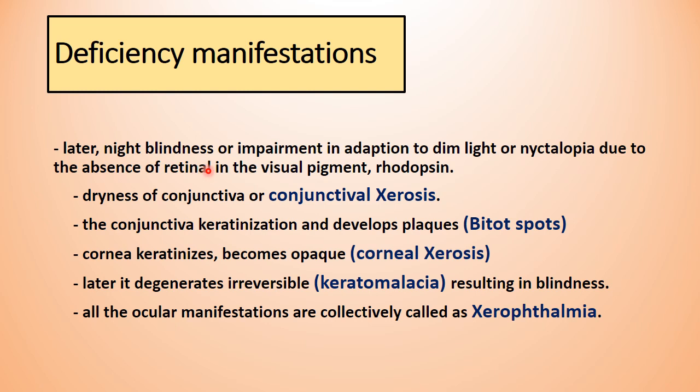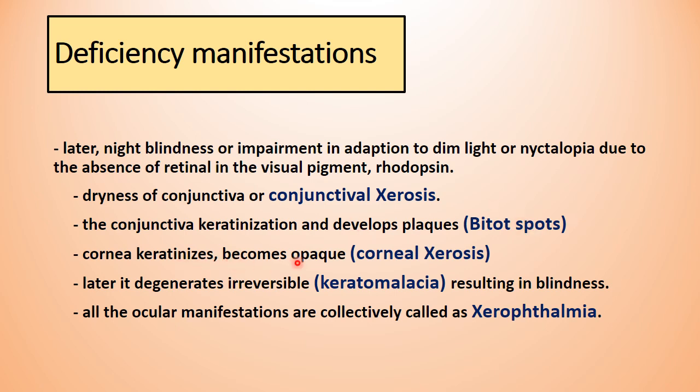Later, night blindness or impairment in adaptation to dim light, nyctalopia, occurs due to the absence of retinal in the visual pigment rhodopsin. It can cause dryness of the conjunctiva, known as conjunctival xerosis. Conjunctival keratinization develops, known as Bitot spot.